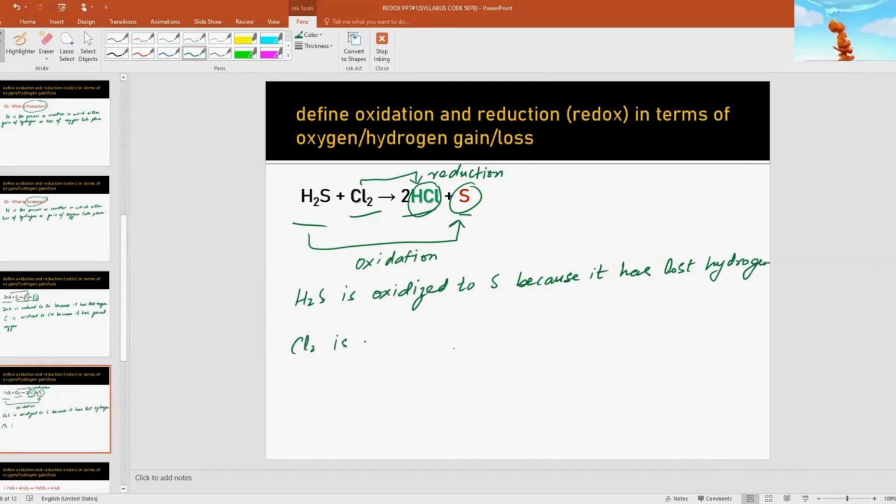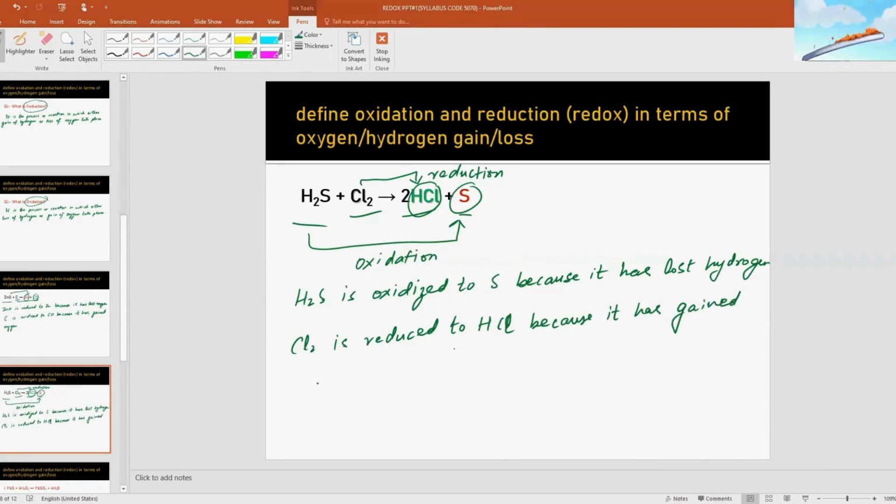Cl2 is reduced to HCl because it has gained hydrogen.